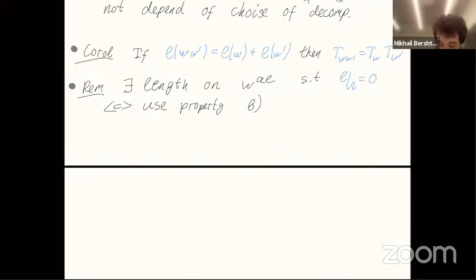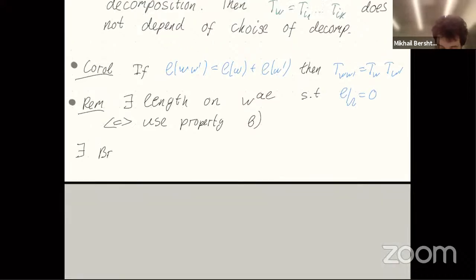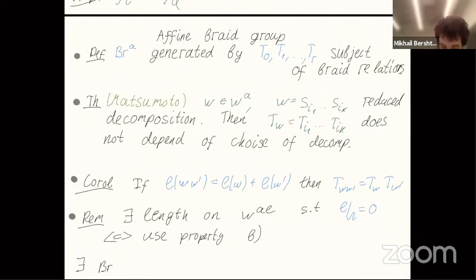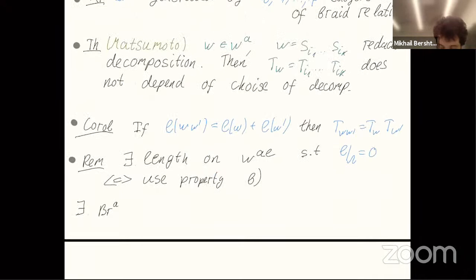And there exists an extended affine braid group, which is generated by Omega and all the other T's.